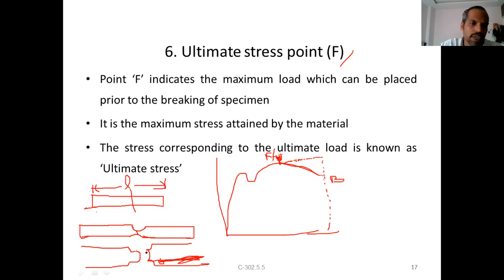So necking will be formed after this ultimate point, before failure.